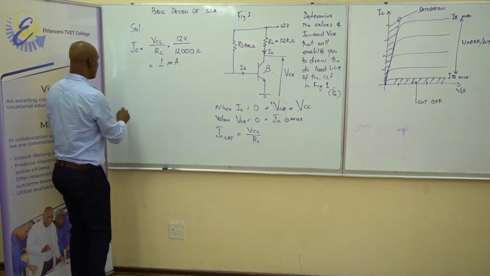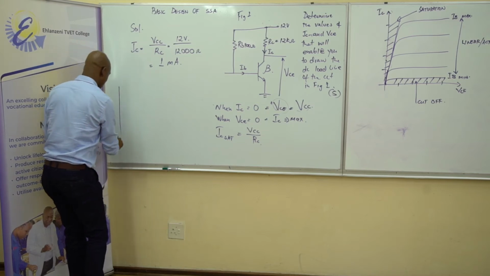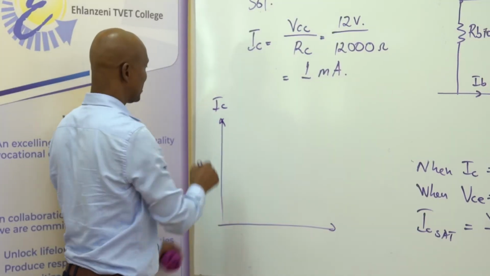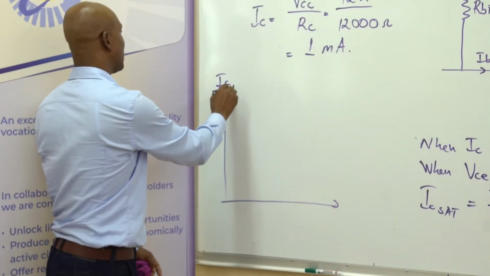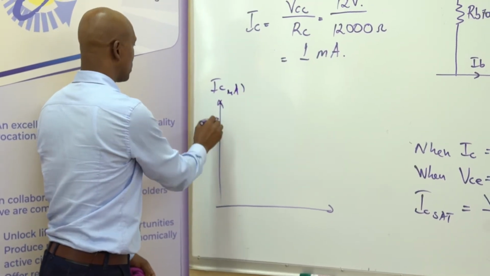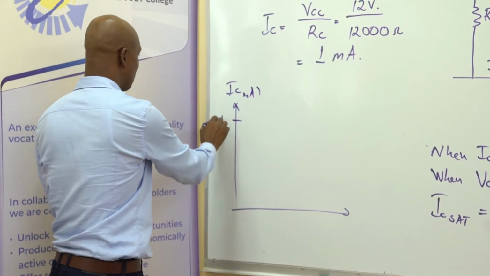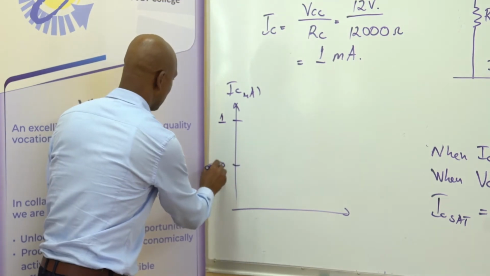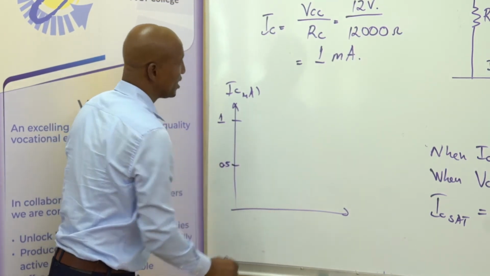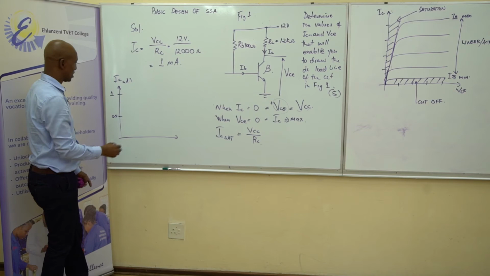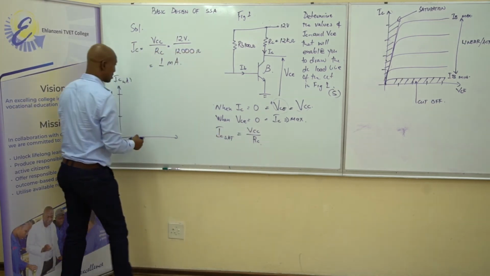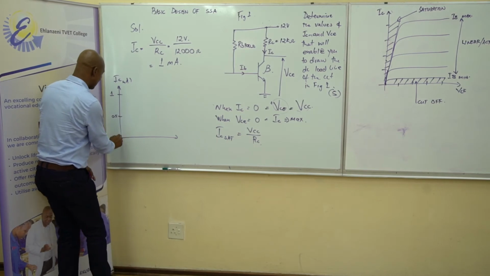So I may now start plotting my graph. Remember, IC, let's say in milliamps. So it means my IC in milliamps will simply write here 1. I can simply say 0.5 here. Now, remember we say for us to determine VCE, we must look into IC at its minimum.